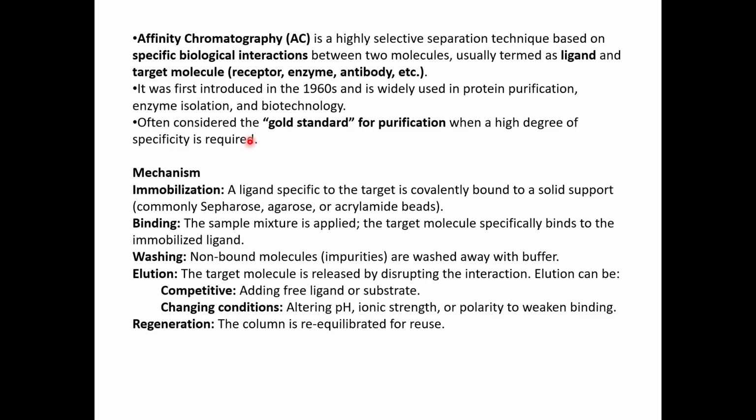Because, like we said, every lock has its own key, so every target protein will make use of a highly specific ligand. So it will give you very highly purified protein or target which is free of any other sort of contamination. So it is considered a gold standard for purification when a high degree of specificity is required.